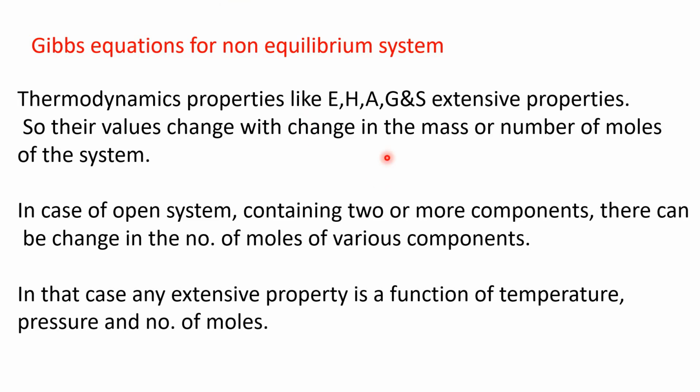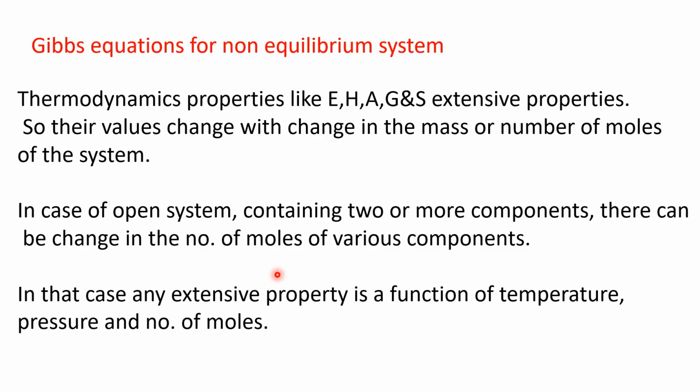That means these extensive property values will change not only with temperature and pressure, but also with the number of moles. So for an open system, any extensive property is a function of temperature, pressure and number of moles of the different components present in the system.